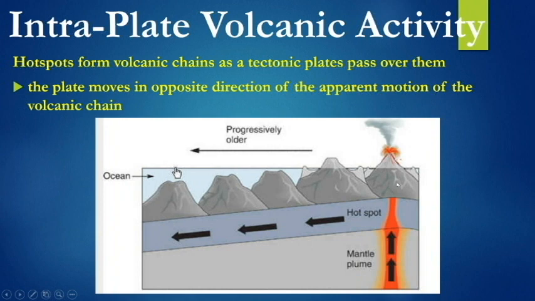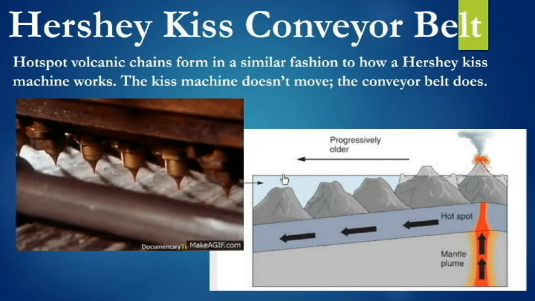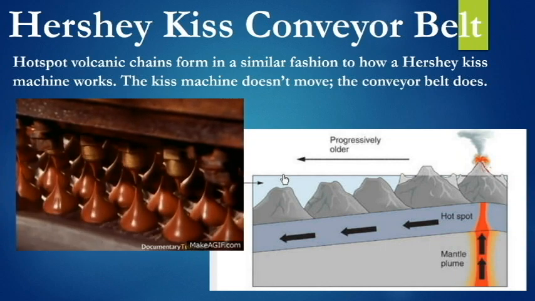Once this plate moves a little bit to the left, a new volcano will form next to it. So the plate moves in the opposite direction of the apparent motion of the volcano.